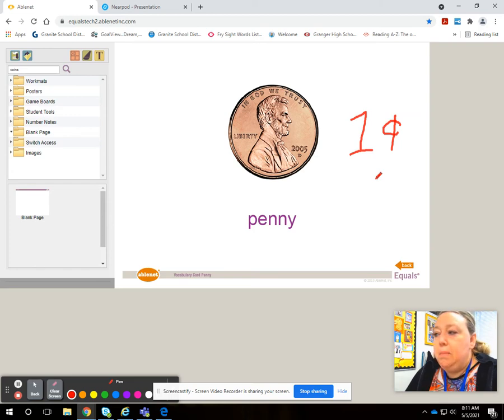But we still use pennies to get every last bit that we owe when we have to pay for our taxes on top of our groceries and whatnot. So pennies are useful. Lots of people say that pennies are lucky. If you find a penny and pick it up, all day long you'll have good luck. So if you see a penny, go ahead and pick that up and you might have good luck the rest of the day.